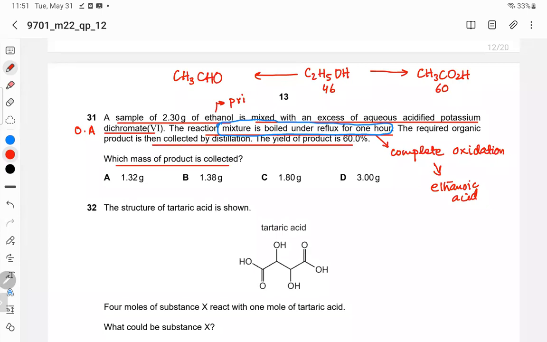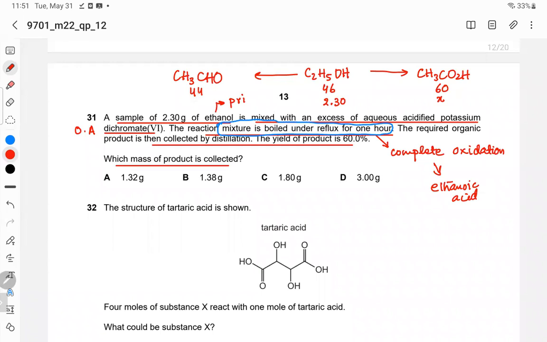But when I go for an aldehyde, there are two carbons, 24, one oxygen, 16, 24 plus 16 is 40, 40 plus 4 hydrogens, 44 grams, right? Okay. So if it is 2.30, then the mass of ethanoic acid produced must be X over here.